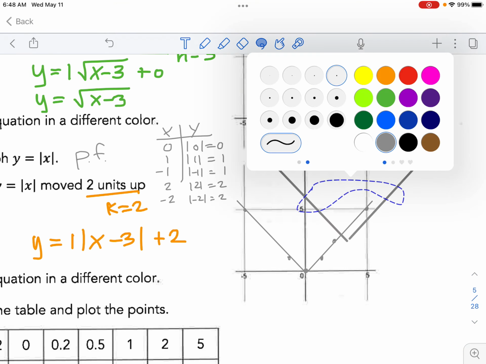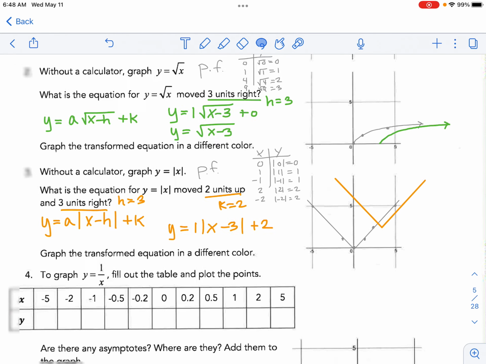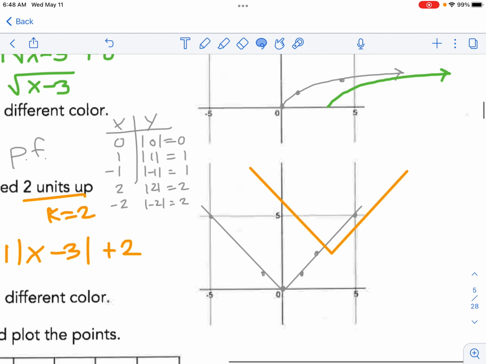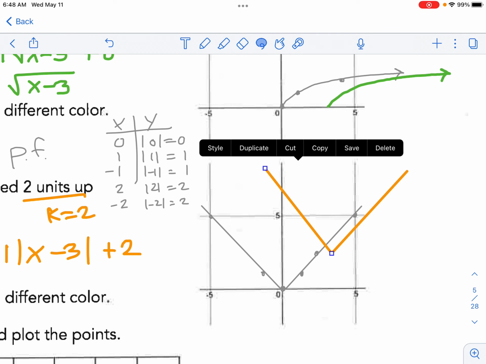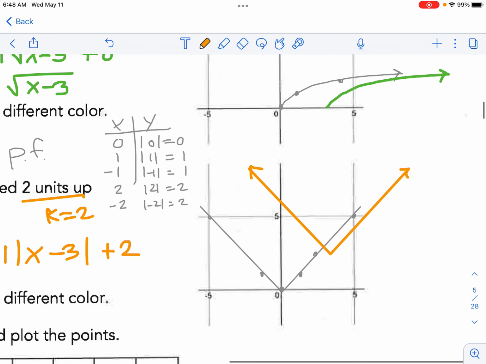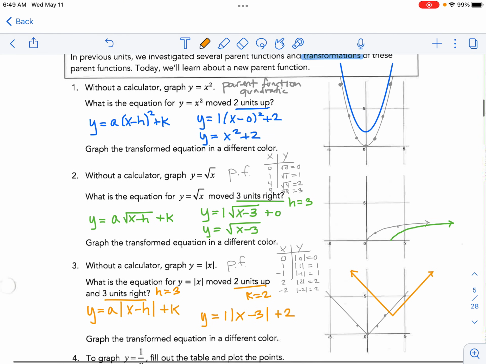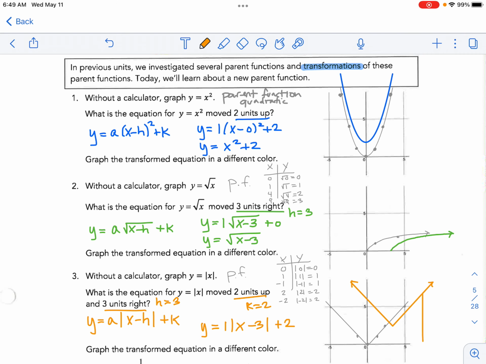And let's change that to orange. So we have something that looks like that. Maybe I should put some arrowheads on that. There we go, for our function that has been transformed. So that was just a whirlwind tour of what we've already covered.